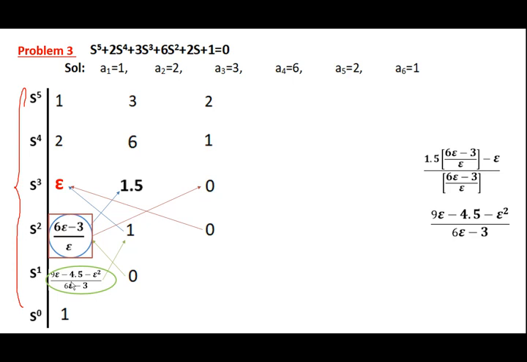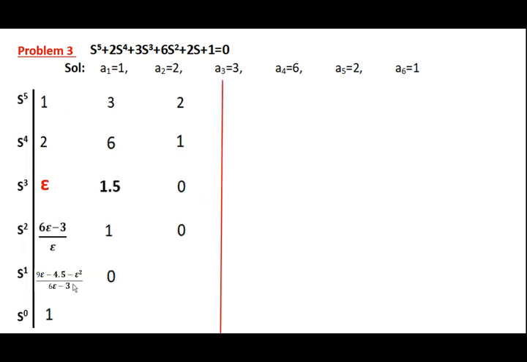To find out the signs of these, as per difficulty number 1, we need to apply the limit that epsilon tends to 0 to these two terms. So first let us consider the first element, 6 epsilon minus 3 divided by epsilon. If you apply the limit to this parameter, if you substitute epsilon equal to 0 in the original expression itself, you will be getting 0 minus 3 divided by 0, or you can also write this expression as 6 minus 3 divided by epsilon.